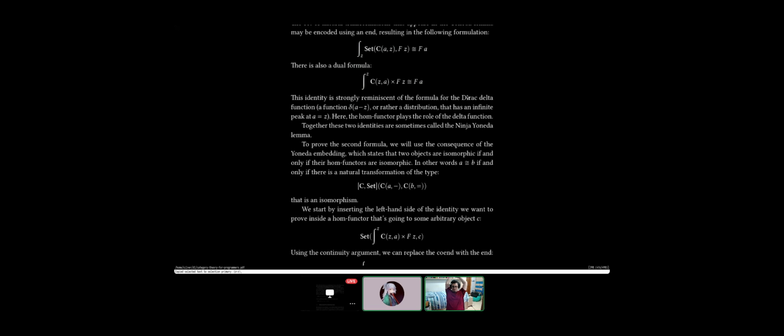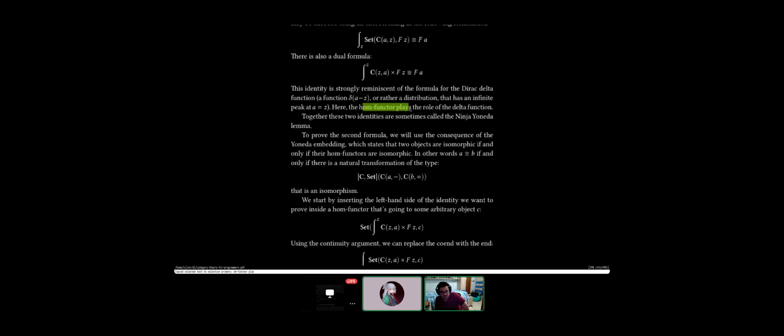There's also a dual formula, and this identity is strongly reminiscent of the formula for the Dirac delta function, which is a function, or rather a distribution, that has an infinite peak at a equals z. I'm not into calculus, so I actually don't know this function, but whatever. I was into calculus, but I think I saw this type of distribution like 2017. So I wouldn't call myself used to it.